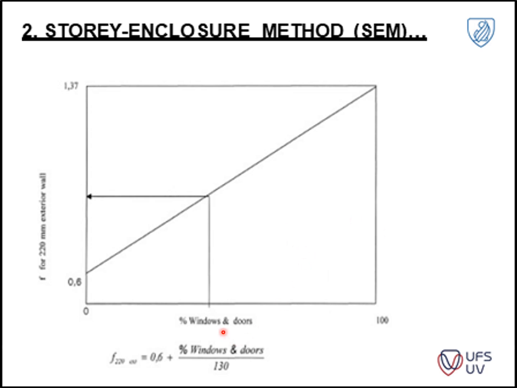Okay, so this is just the storey enclosure method, just a show of how you calculate your 220 millimeter wall. The 220 millimeter wall has a formula of 0.6 plus the percentage windows and doors over 150 for your building. So it's usually your external walls that you calculate.